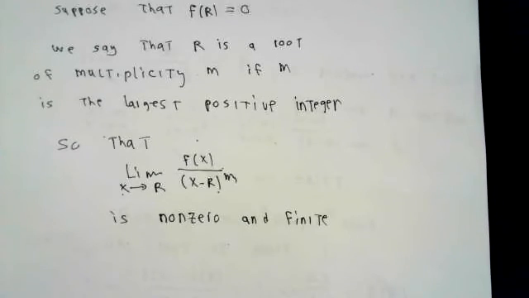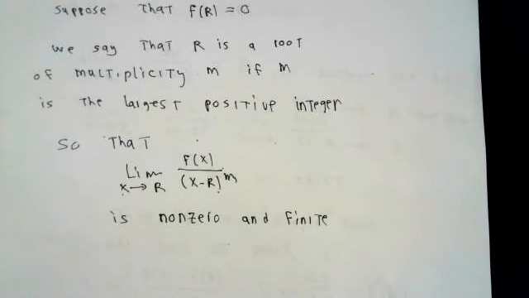Of course, I keep saying in the nice case for Newton, so you know sooner or later it's not going to be so nice. Suppose that f of r is 0. So I've got a solution to the equation f of x equals 0.